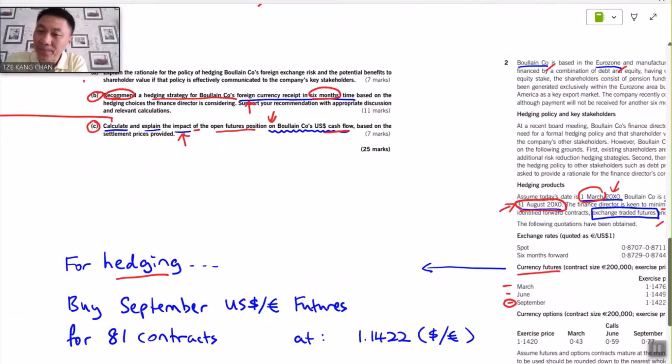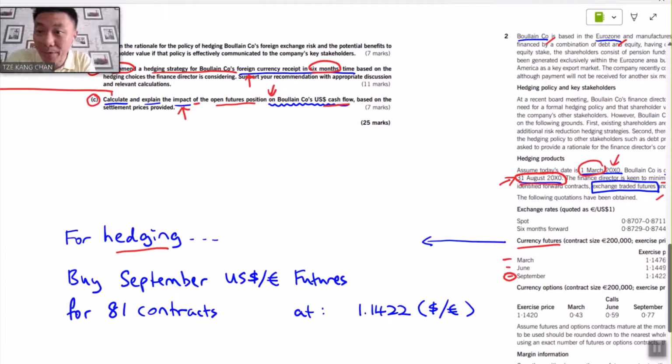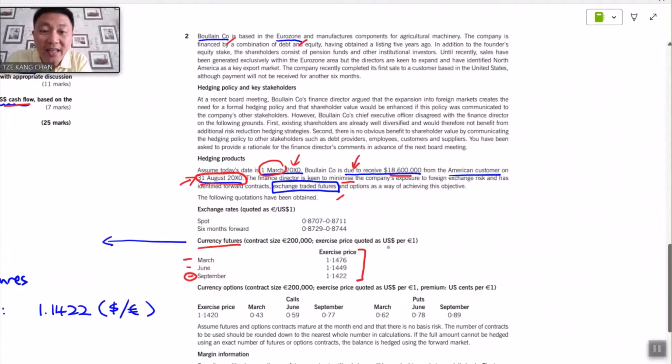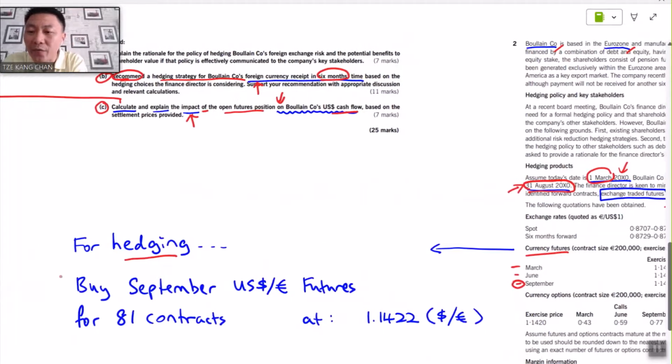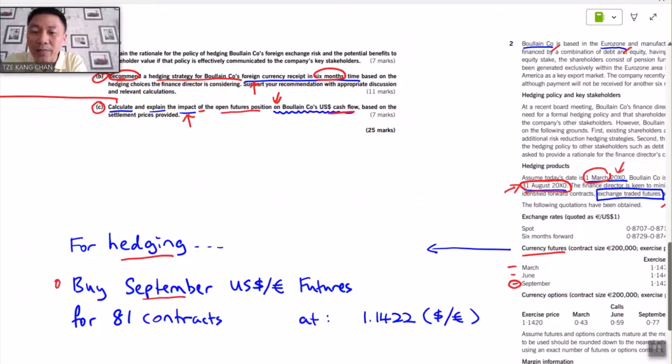For hedging, based upon the September futures, the way that the futures contract is priced, and also the foreign currency denominated in the transaction, the company should therefore buy the September dollar per euro futures contract for 81 contracts.